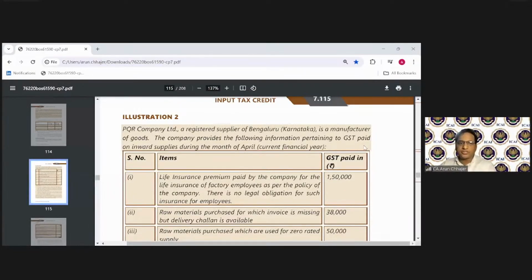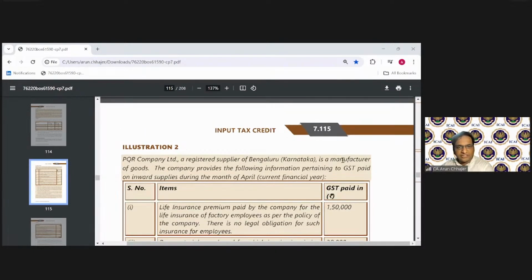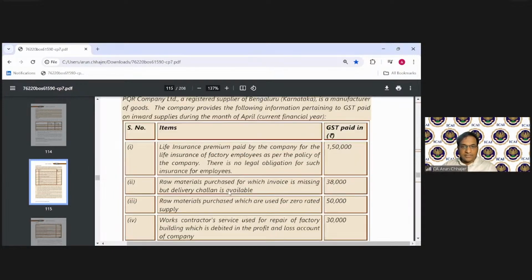Let's say there is a question. PQR Company Limited, a registered supplier in Bangalore, is manufacturing goods. The company provides the following information pertaining to the GST paid on inward supplies for the month of April. Then they say life insurance is paid by the company for the factory employees as per the policy of the company. There is no legal obligation.